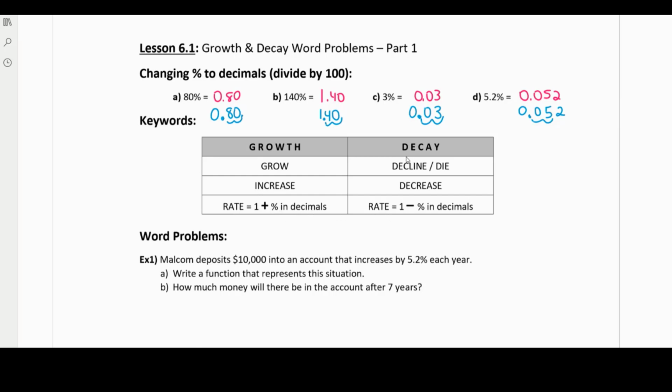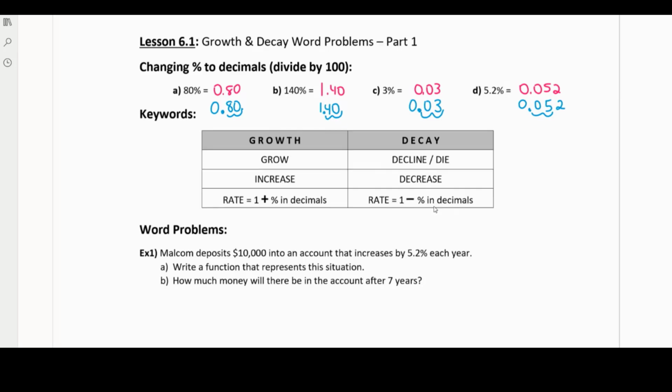And if it's decay, the rate is going to be 1 minus percent in decimals. And we're going to see that in the examples today. So please remember, growth, 1 plus the percentage in decimals. Decay, 1 minus percentage in decimals.